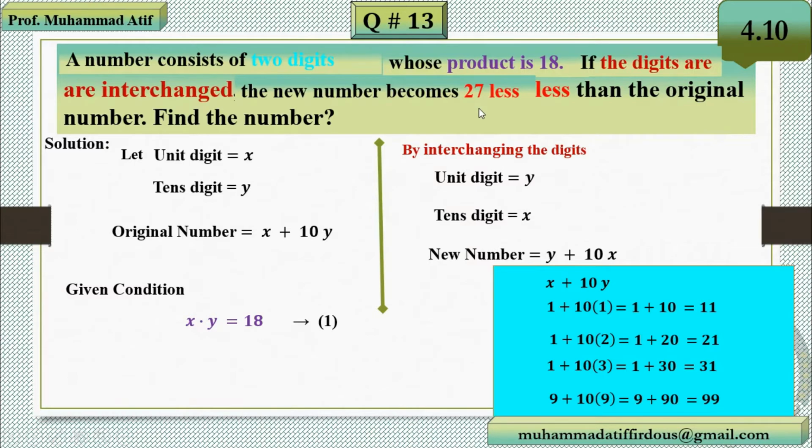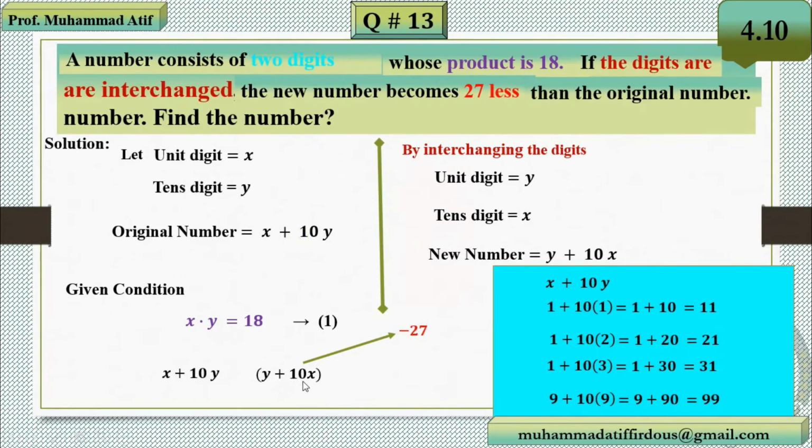The new number becomes 27 less. This number becomes 27 less, meaning you have to subtract 27 from the original number. And what was your original number? This is x plus 10y. This new number is 27 less than the original number.